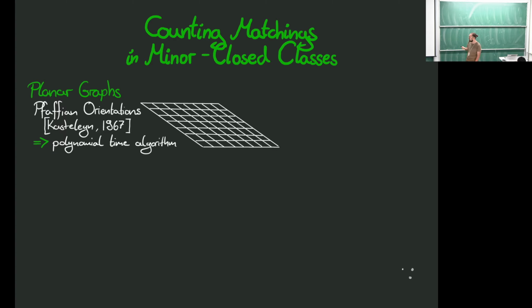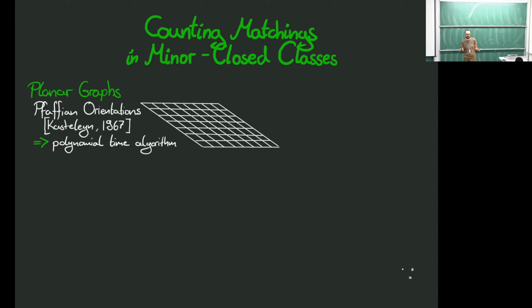I think the most classic result in this regard is Kasteleyn's theorem on Pfaffian orientations. Pfaffian orientations are just an orientation of some graph in such a way that the orientation itself tells you how to manipulate the adjacency matrix, such that you can just take the adjacency matrix, manipulate it a little bit, compute its determinant, and then if you just do some transformation for this determinant, it gives you the number of perfect matchings.